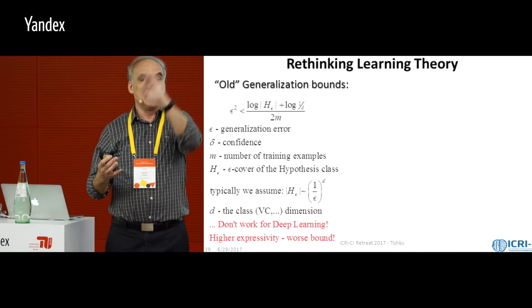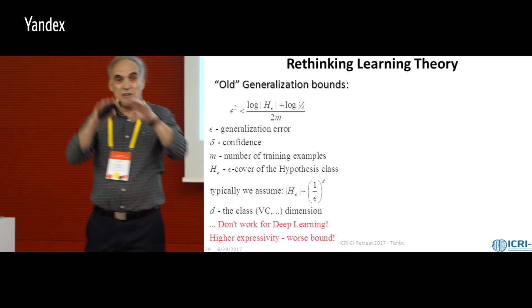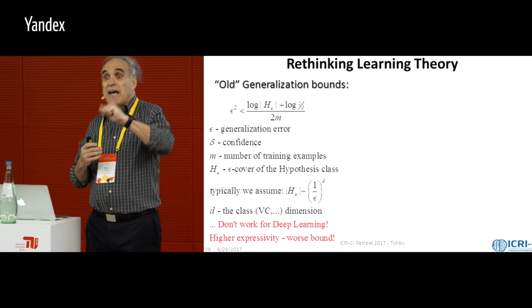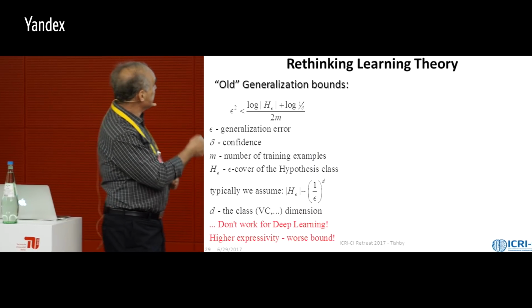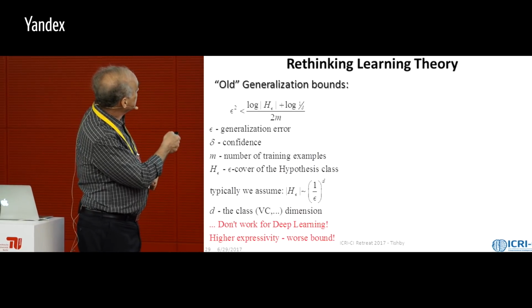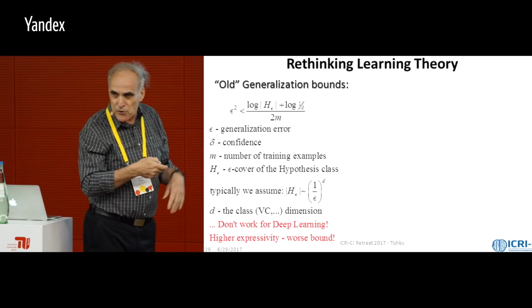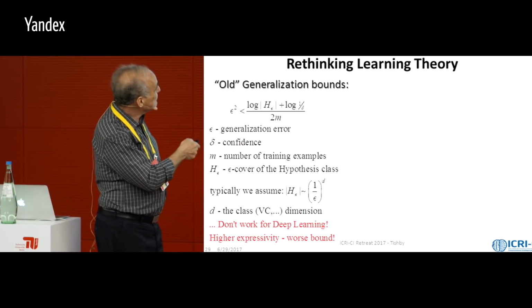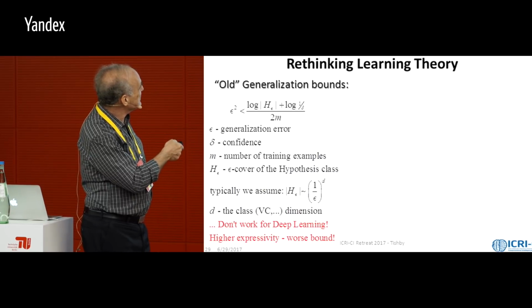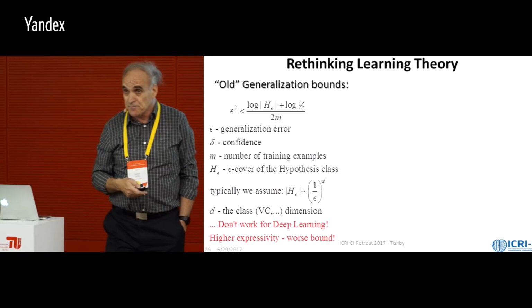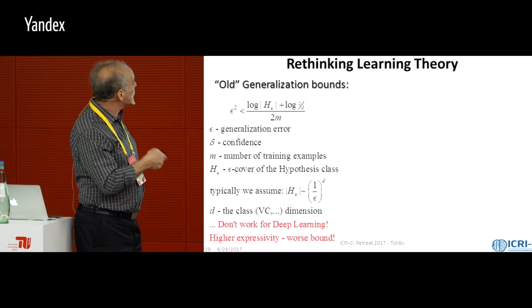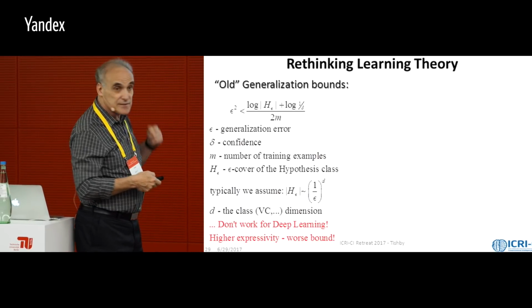We sample it on a grid, such that all the hypotheses are epsilon close to each other, and then we can settle with a finite cover of the hypothesis class, divided by the number of examples, up to some constant, plus a small number which, for typical large problems, is completely negligible and has to do with the confidence. Everybody who took a first course in learning theory knows about these bounds.